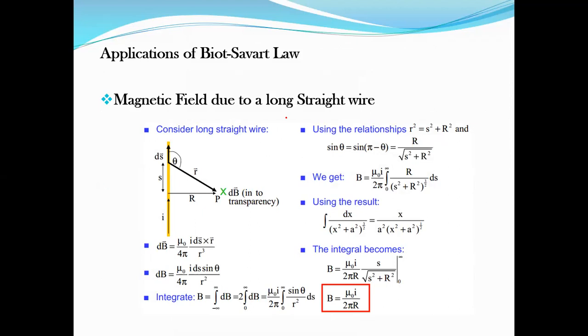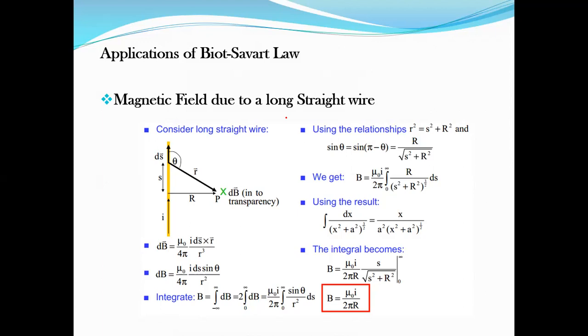You may have already learned that for a long straight wire, at a perpendicular distance R from the current carrying conductor, with current I in the conductor, the magnetic field is equal to mu naught I divided by 2 pi R, right?